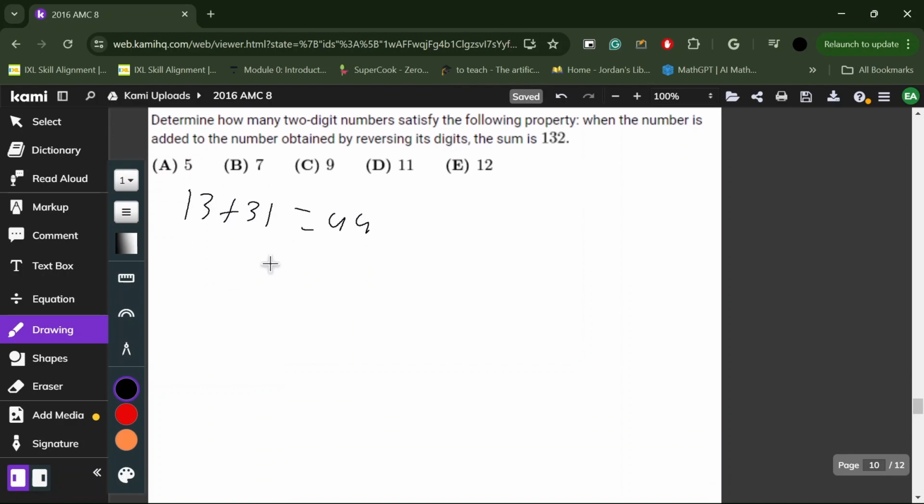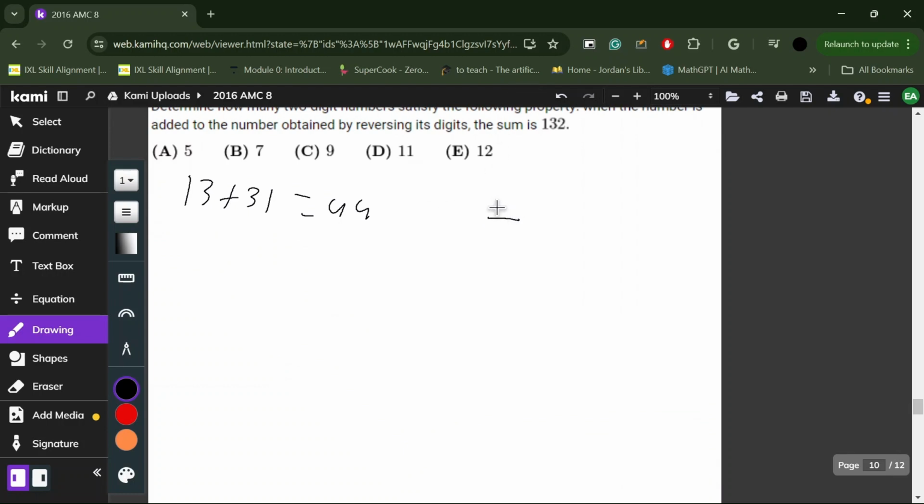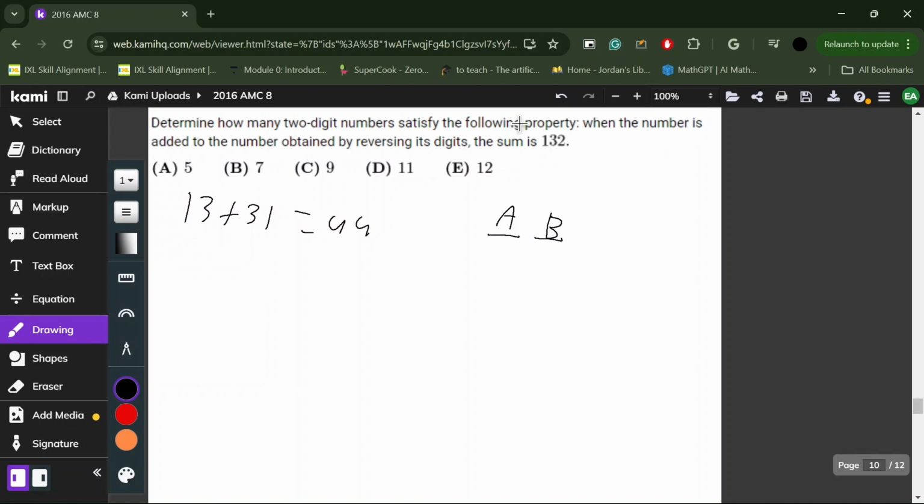So we can actually make variables. So this can be A and this can be B. Remember the sum of them plus its reverse is 132. So if it's in the tens place, that actually means 10 times whatever this number is, right?